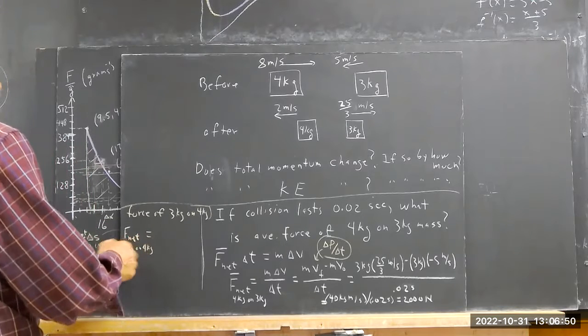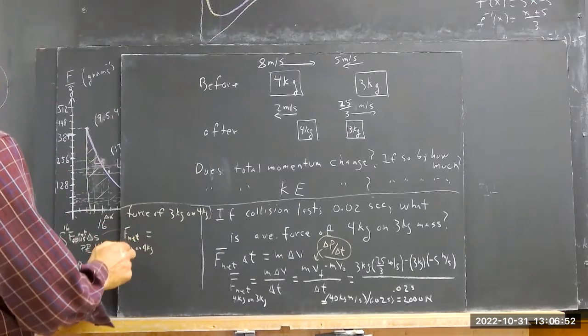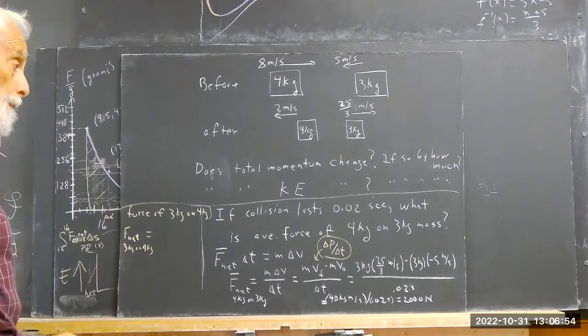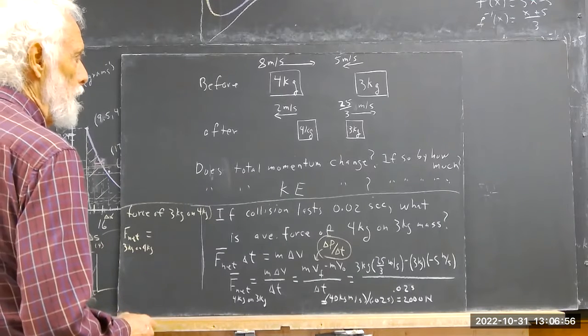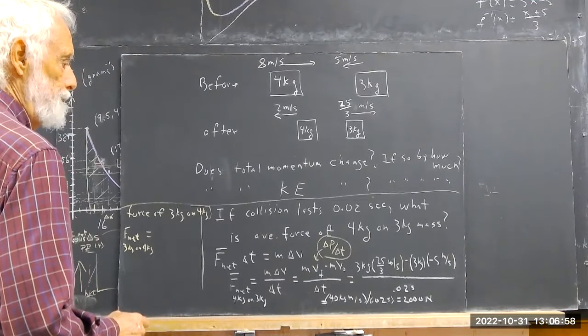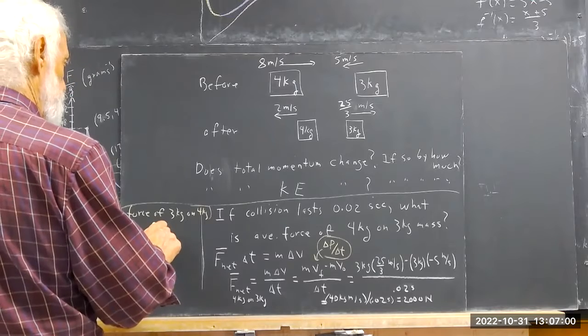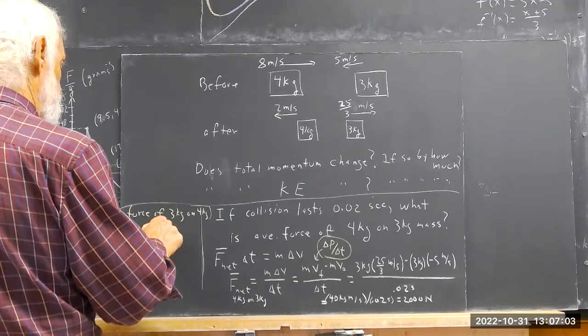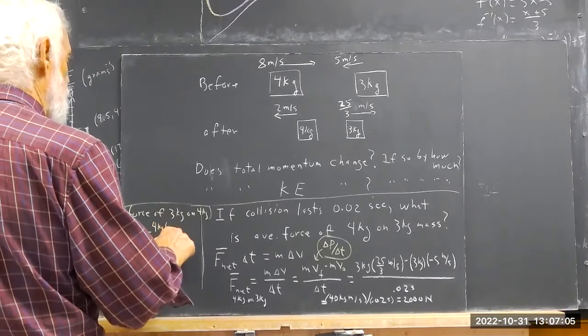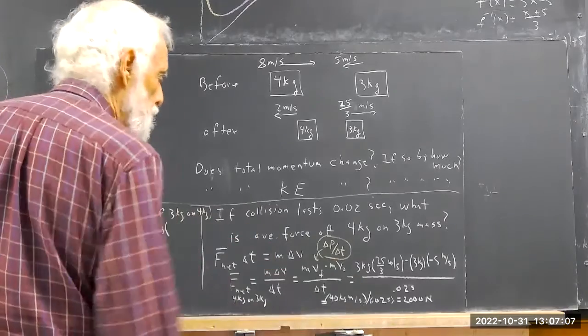That's written kind of small. F net of the 3 kilogram on the 4 kilogram mass would be m times its change in velocity.